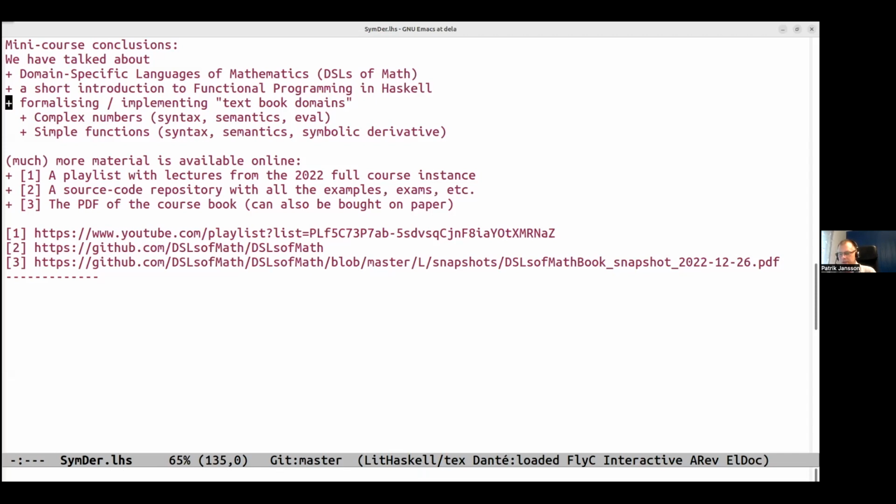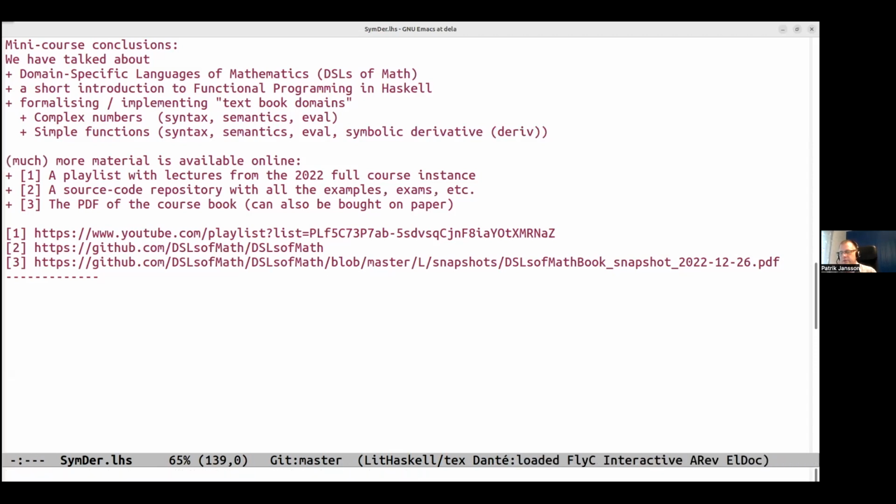We've been formalizing or implementing some textbook domains, with domain examples. The first example was complex numbers, where we implemented the syntax, the semantics, and the eval function for complex numbers. And then these simple functions we talked about today, also syntax, semantics, eval, but also the symbolic derivative. They are called deriv.